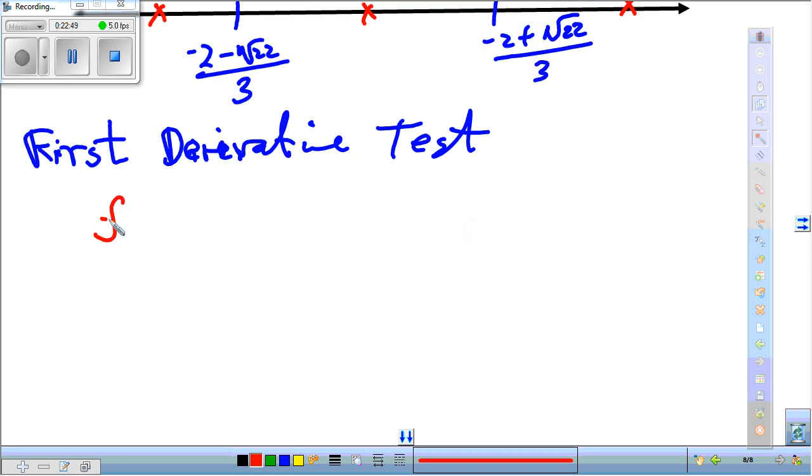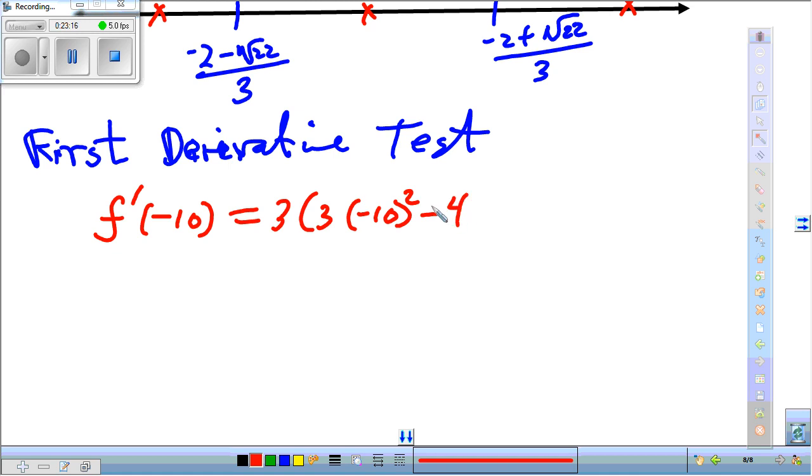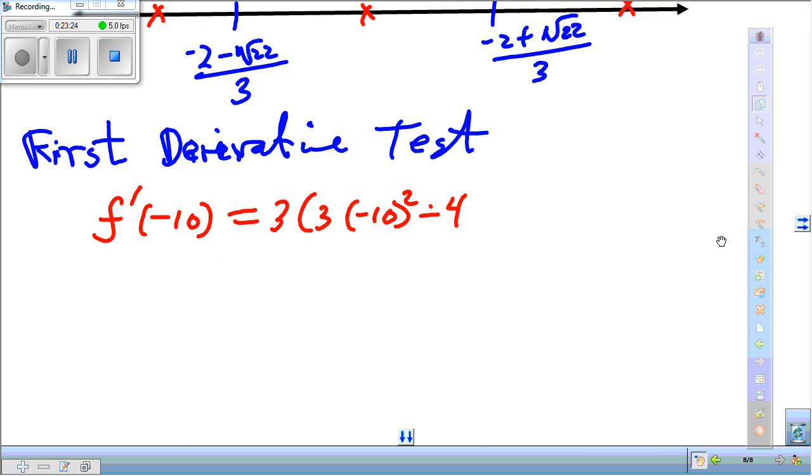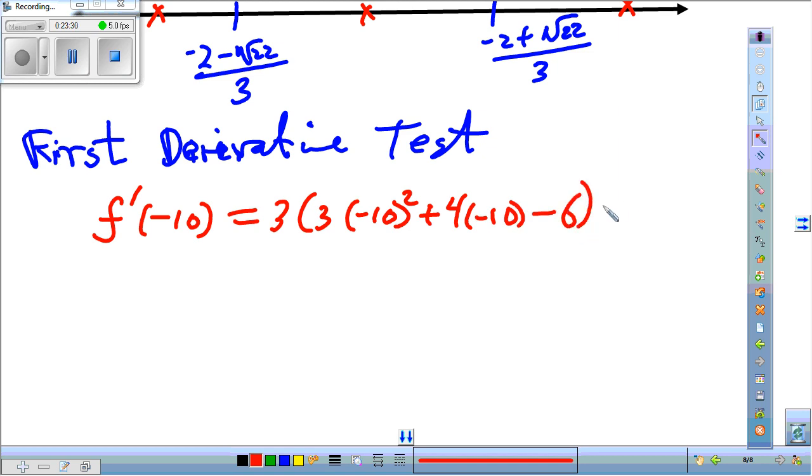And so the first derivative test is to take the derivative and compute the value at each of those test points for x. So plugging into the derivative, 3, and then I had factored out 3x squared, oh, we better check, I believe it's plus 4x minus 6.